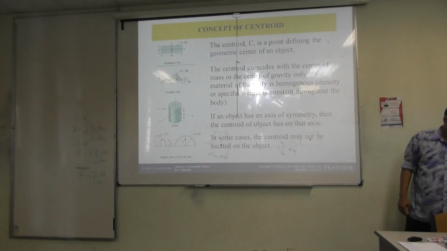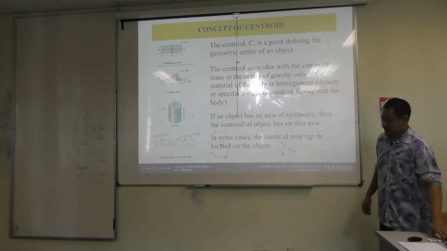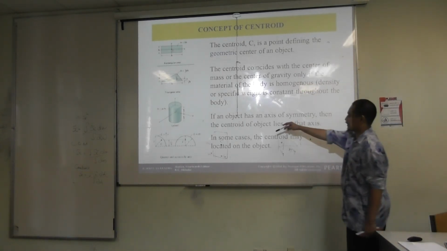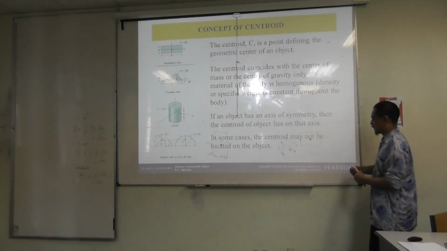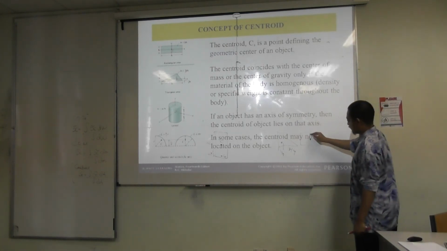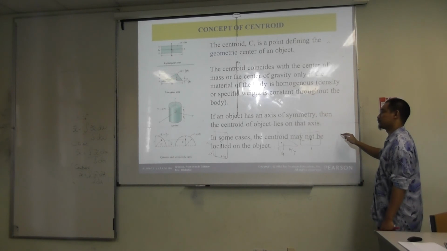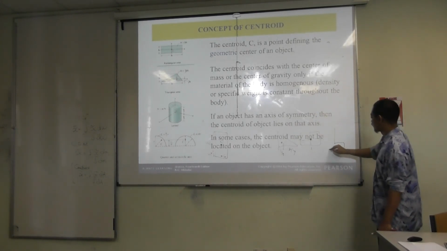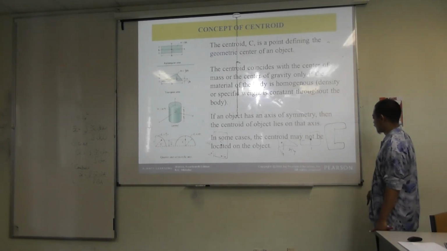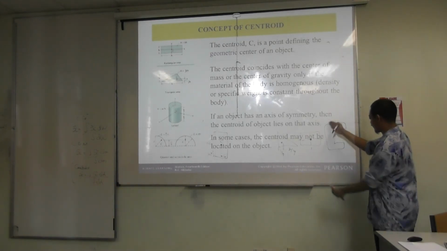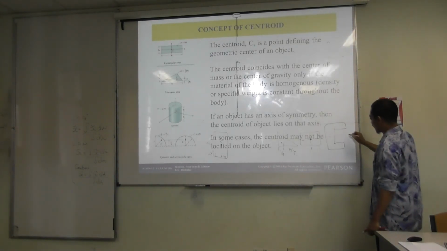So what else? Okay, this is just tips, right? If it's symmetric, then obviously it's on the symmetry line. If a rectangle is symmetric here, obviously it's there, right? But if you have one like this, is it symmetric? If it's similar, it is symmetric here, right?